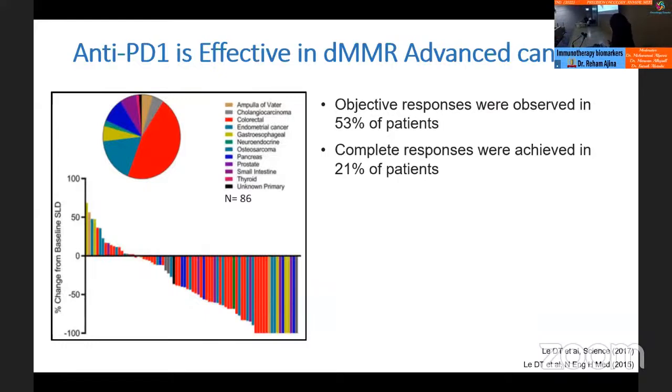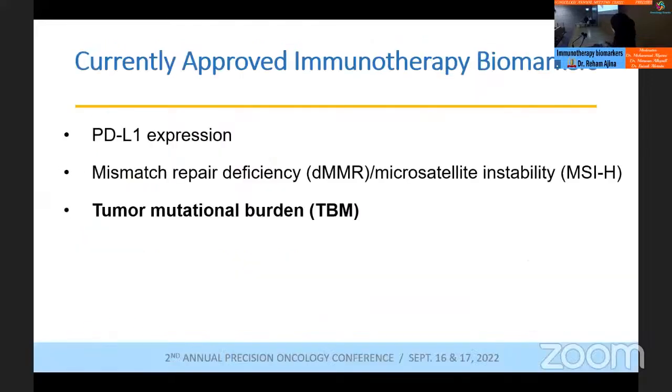It was interesting to see that when these dMMR patients were treated with anti-PD-1, 53% of the patients had objective responses, and 21% had complete responses. Again, these are advanced disease. As a result, this biomarker was FDA approved.